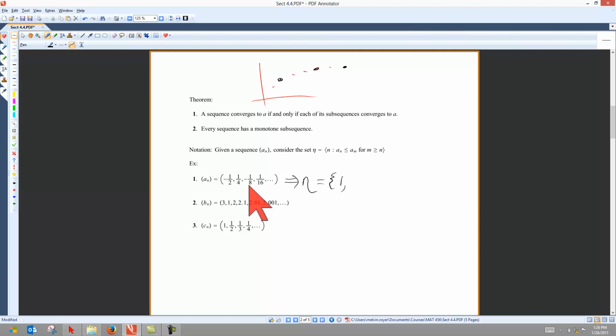Third term is -1/8. Is that as small as anything that occurs after it? And the answer is yes. So 3 is in here. 4, the 1/16th, is not the smallest thing from there on out, so it's not in there. The fifth term is, and so on. So here's an example where members of this index set eta are the odd number terms.